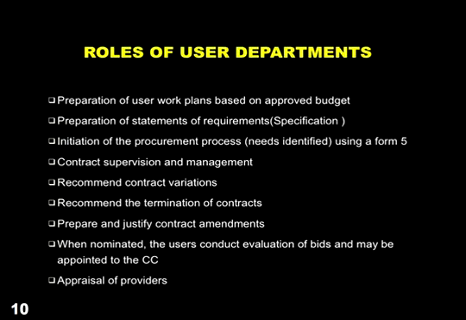If you receive things that are not of quality or are less in amount than what you requested, you recommend to the accounting officer for us to terminate that contract.